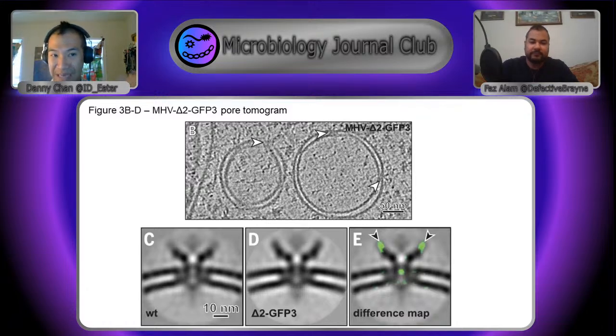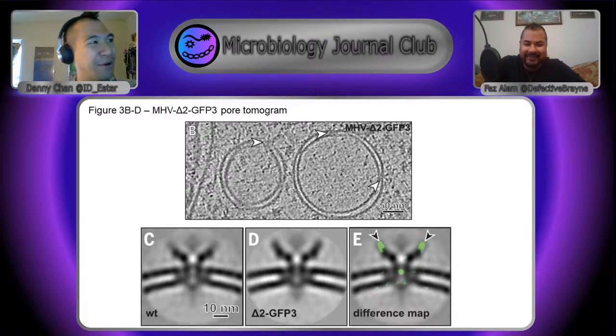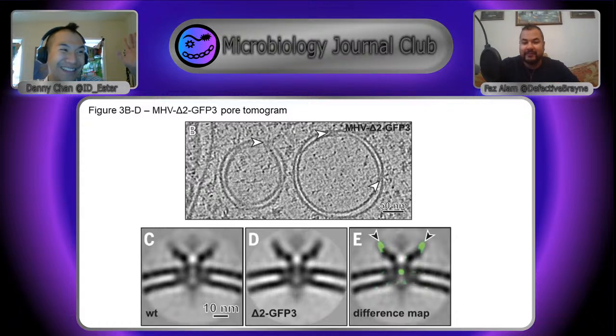Even in this paper they had examples of the spacers and things that changed the distance. So this mutation adding that GFP, because the pore didn't form properly, maybe also pulled the membrane out of the orientation we saw before. Maybe. I don't know, just throwing stuff out there.